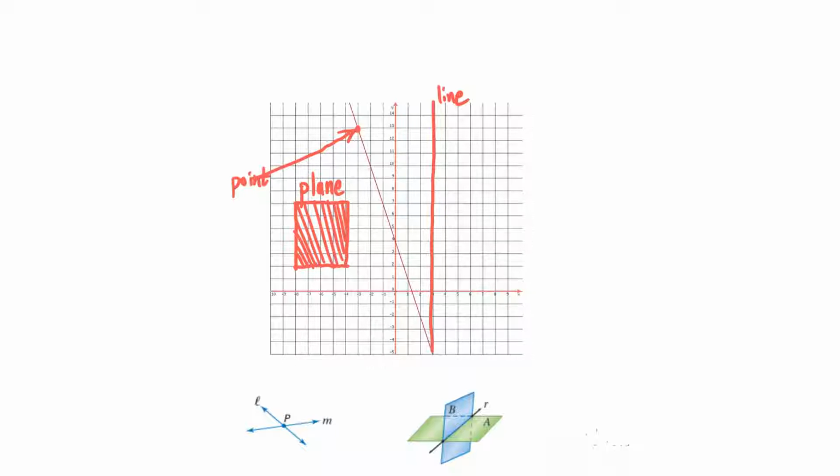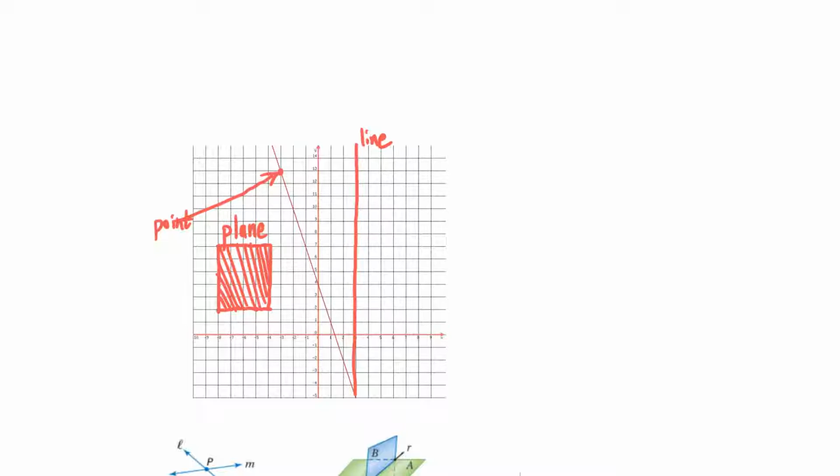Okay? All right, so let's think about this. I want you to write this over here on the right-hand margin. Two points meet, no, not two points, I'm sorry. Two lines. Two lines meet at a blank.